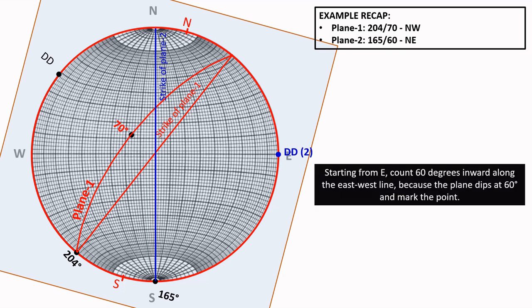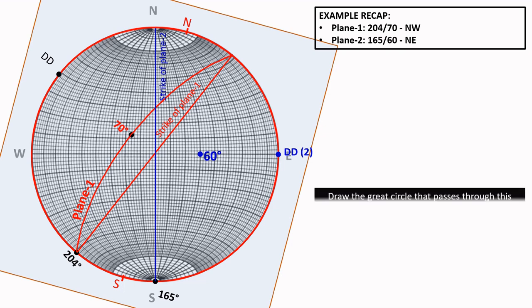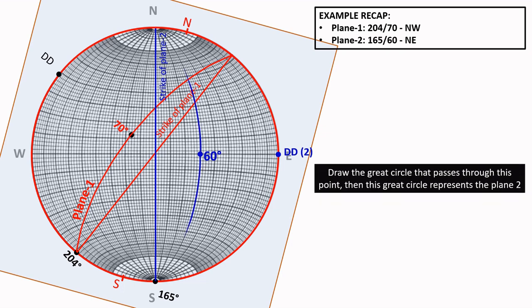Starting from E, count 60 degrees inward along the east-west line because the plane dips at 60 degrees and mark the point. Draw the great circle that passes through this point. Then this great circle represents the plane 2.